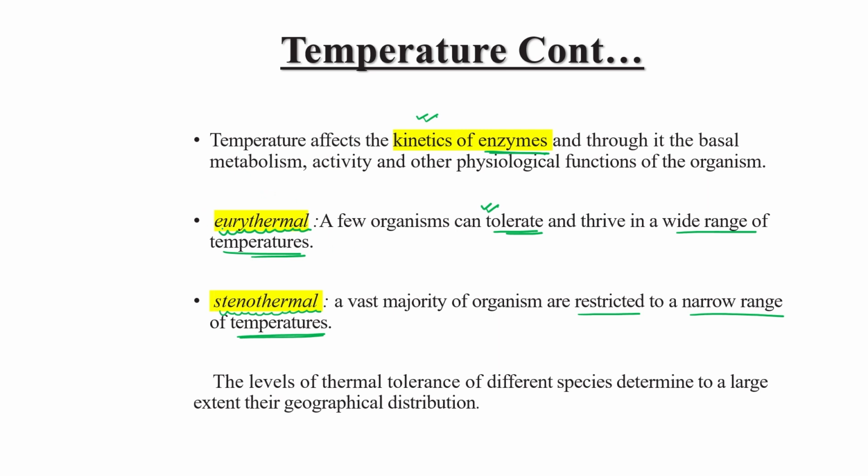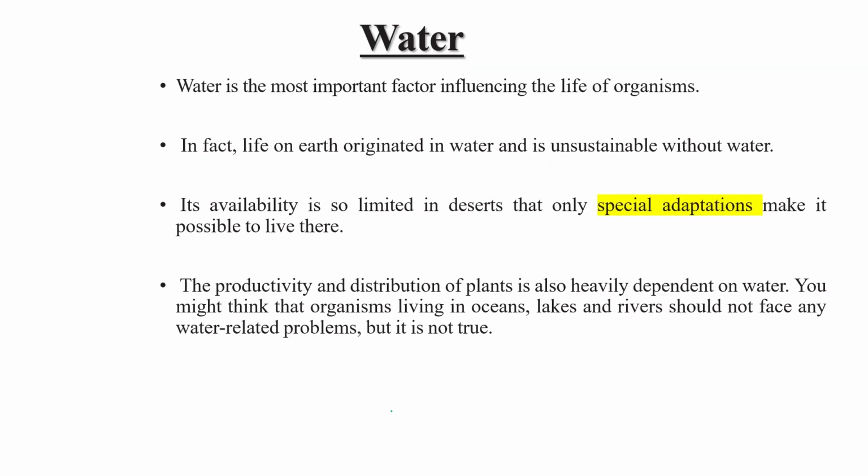Birds and mammals come under this particular eurythermal category. Remaining all come under the stenothermal category, although there are certain exceptions. Okay, the level of thermal tolerance of different species determines to a large extent their geographical distribution as well.